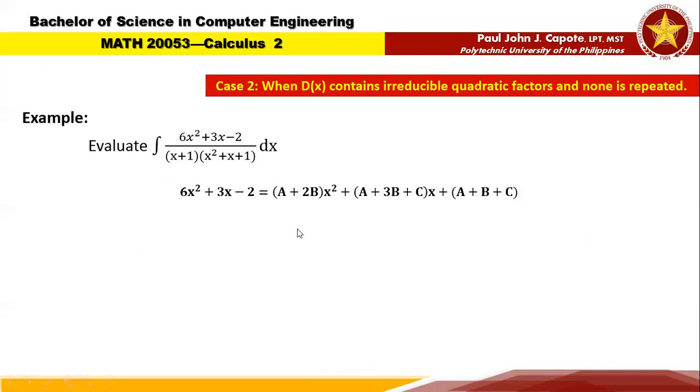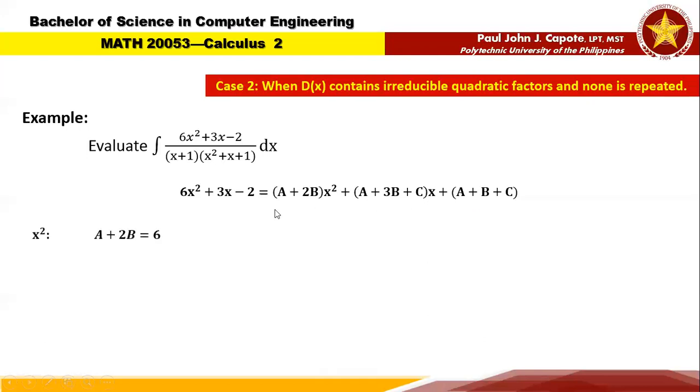Continue. So having these equations, we can equate the numerical coefficients of the expressions in the left-hand side of the equation to the numerical coefficients of the expressions in the right-hand side of the equation.